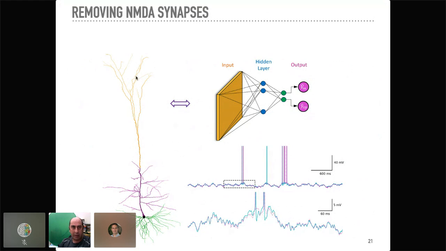So the NMDA synapses are key to this complexity of the dendritic tree.